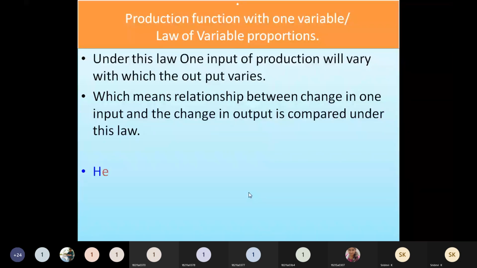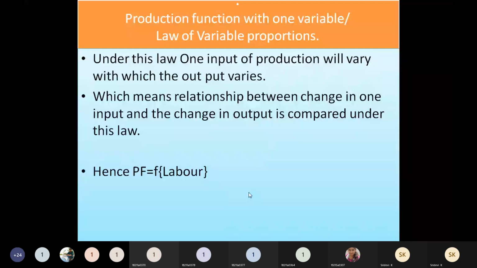All these laws are created by some economists that we are learning here. We are not creating these laws. Okay. So for production function with one variable, we are going to bring change only in one input. That we can show in one equation, that is PF is equal to function of labor. Labor here is taken to bring change.